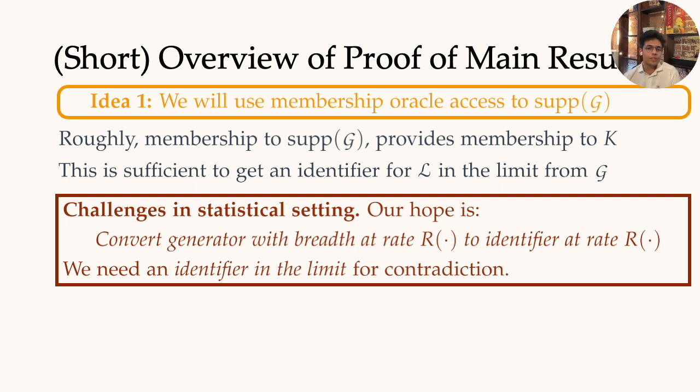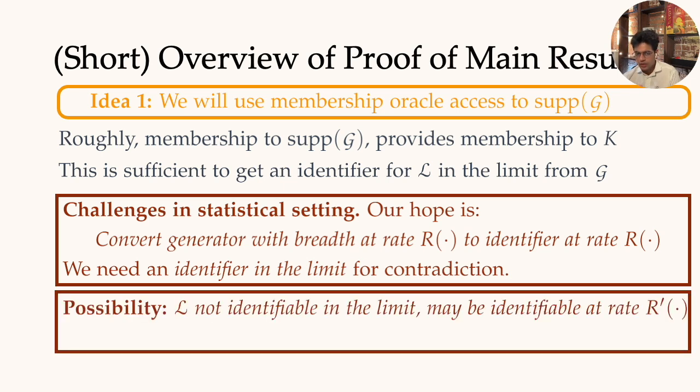However, this is different from what we need to achieve a contradiction. To get a contradiction, we need an identifier that works in the limit. To see why this is not sufficient, let's consider the following possibility.